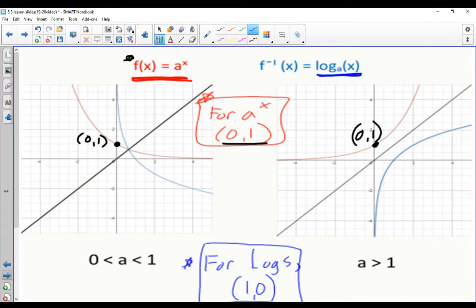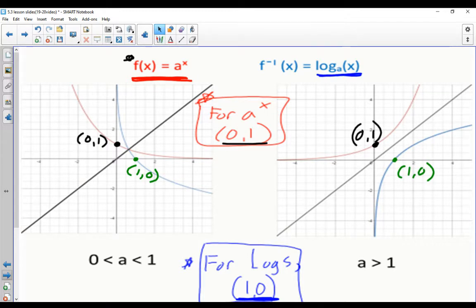Basically, it's the same point, only you switch the 1 and the 0 around. So instead of 0, 1, all log functions that you see in blue are going to start at 1, 0. And this one over here, as you can see, it starts at the point 1, 0.